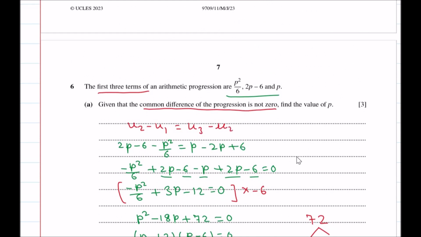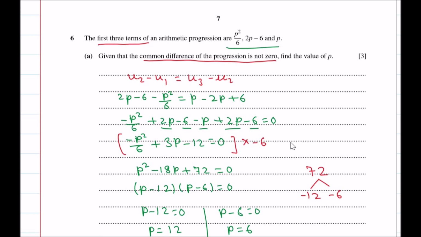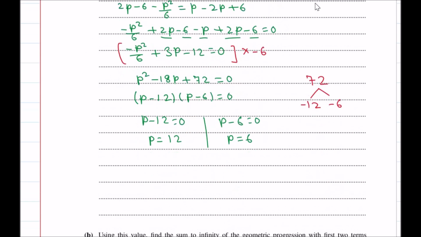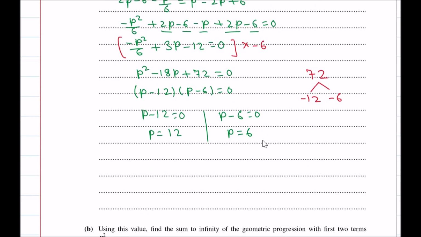So if you are putting p value 6 here in the terms, p square by 6, so 6 square by 6, that is 6. 2p minus 6, so 2 into 6 minus 6, that is also 6. And p equal to 6. So that means three terms are equal. In this case, d becomes 6 minus 6, that is 0. So this is not acceptable, or not a valid value of p.